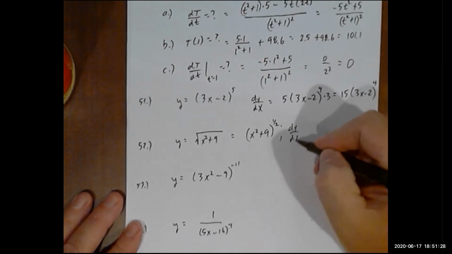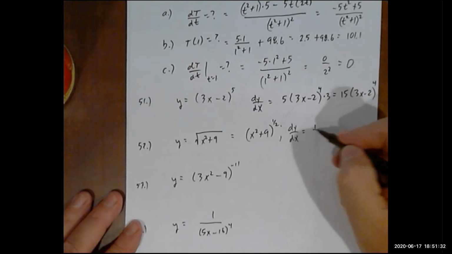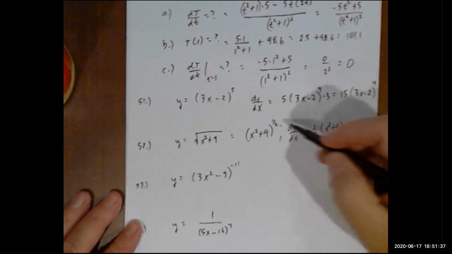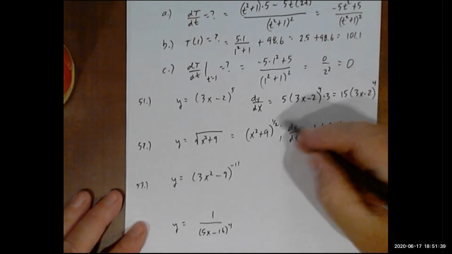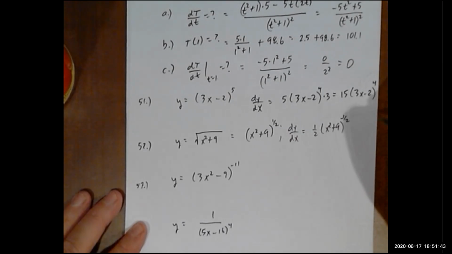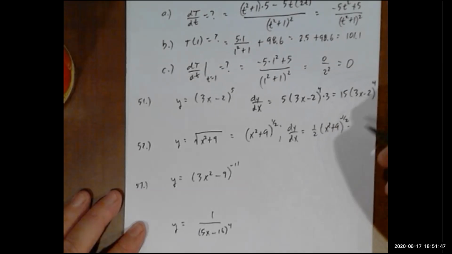Once again, the outside, you bring the 1/2 down, you copy down what's inside the parentheses, then you subtract 1 from the exponent, so 1/2 minus 1 is a negative 1/2. And then you have to multiply by the derivative of what's inside the parentheses, which would be 2x.